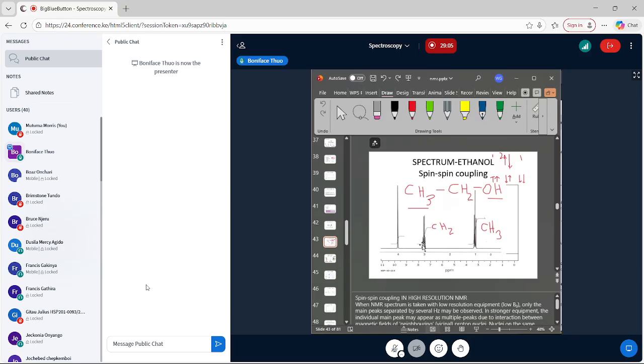If you look at this, we are saying that the two outer ones are equal in height, the two middle ones are equal in height. However, if you look clearly, you can see that there is a slight difference. The ones to the outside are smaller, and that is as a result of what is known as second order coupling.